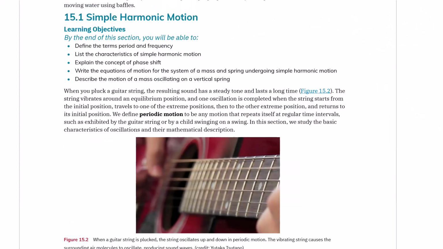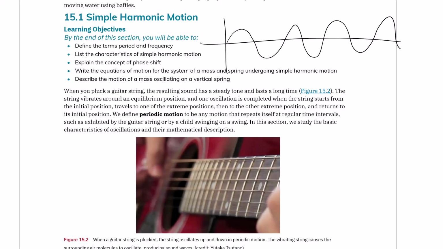Okay, so first of all, we want to make sure you understand the terms period and frequency. You've got a chirp, pretend that's even. The time between here and here, the time between peaks, I always call it T for some reason. T means period. And the frequency is how often it happens.